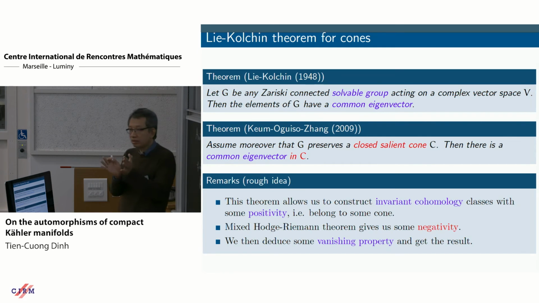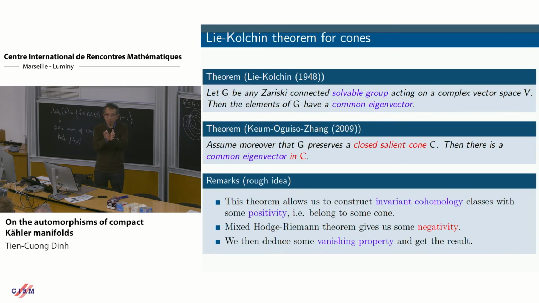Because the class belongs to some cone, you have some positivity, because the cone defines some notion of positivity. Now you use the Hodge-Riemann theorem to get some negativity. Of course you have to take some limit, so you could be in the boundary of the cone, but then you get some vanishing property, and this is the key point to get the estimate in the last theorem that I was talking about.